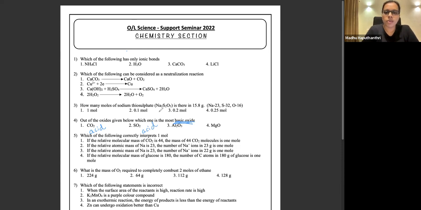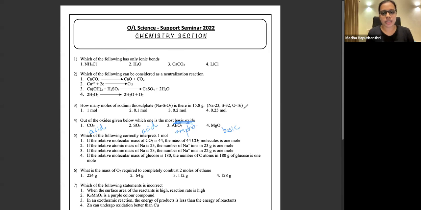What do you know about aluminum oxide? Any comments on aluminum oxide? All right, aluminum oxide is amphoteric, right? It's a famous amphoteric oxide. Magnesium oxide is basic, right?